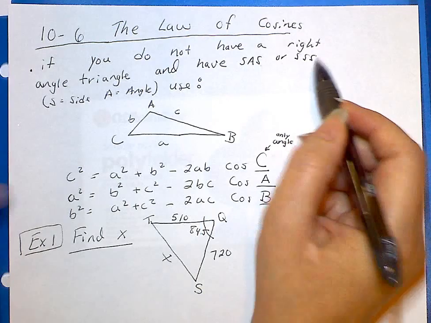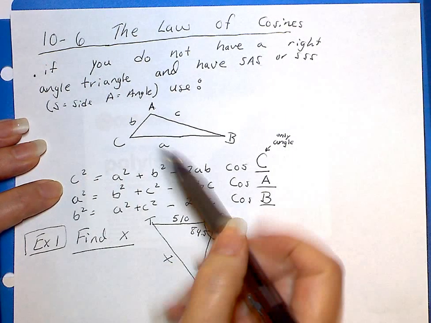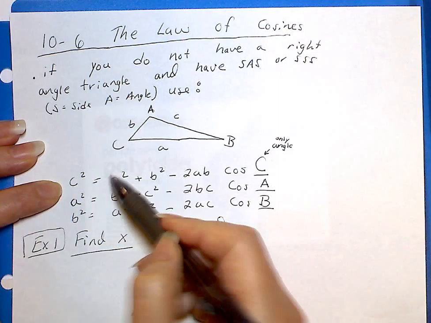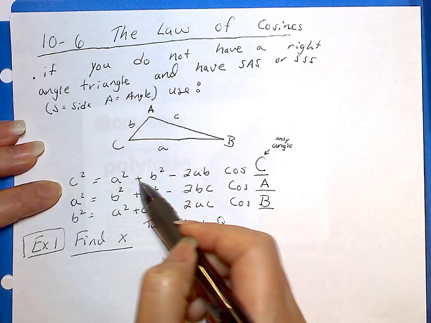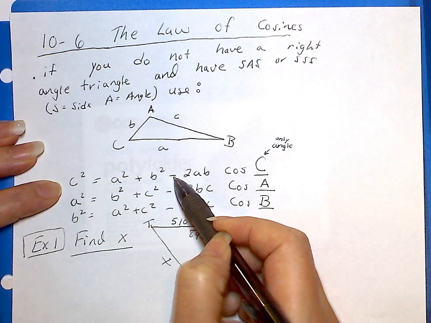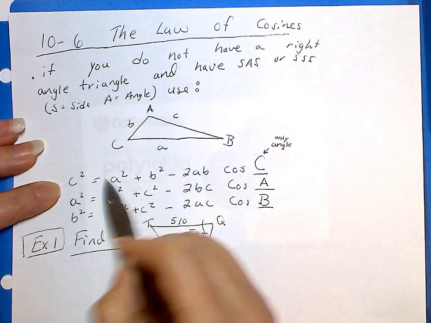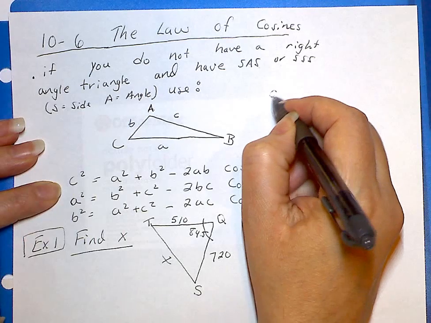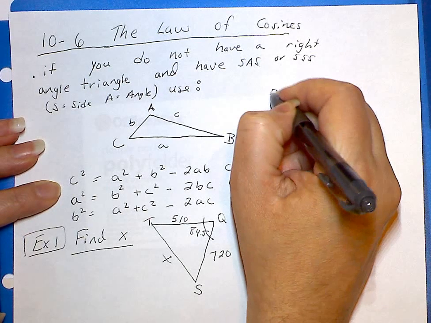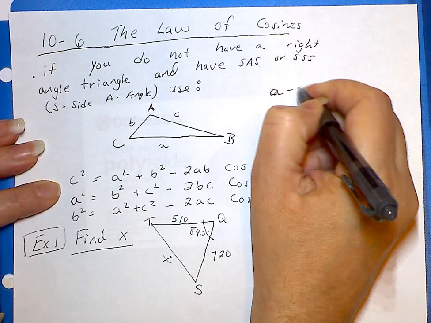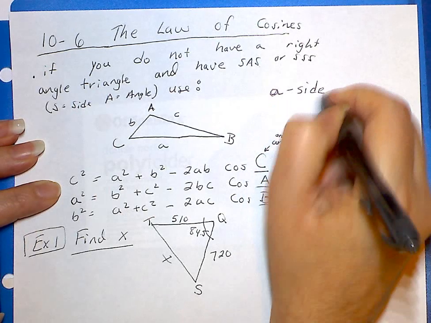The formula is c squared is equal to a squared plus b squared minus 2ab cosine of C. The little a, b, and c, the little letters, represent sides, and the big ones are your angles.